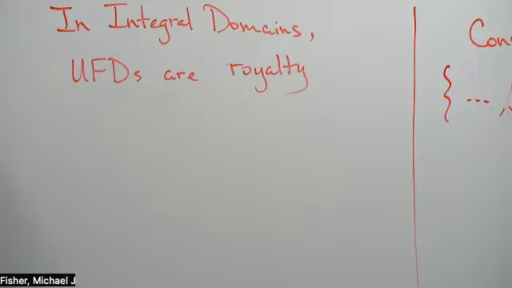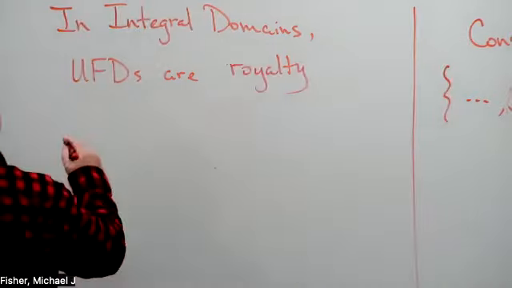What does this mean? These are the kind of integral domains where you have the fundamental theorem of arithmetic, just like you do in the integers. So that is to say, every element that is not 0 and not a unit can be factored uniquely into prime elements, right? So UFDs, synonymously, are the places where you have something like the fundamental theorem of arithmetic.